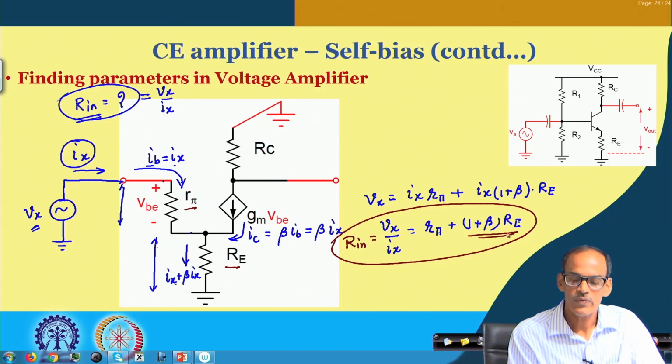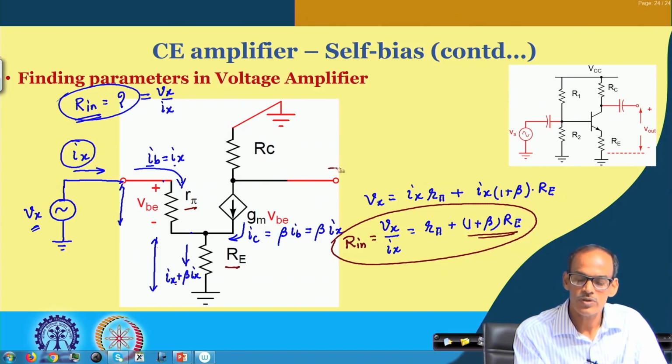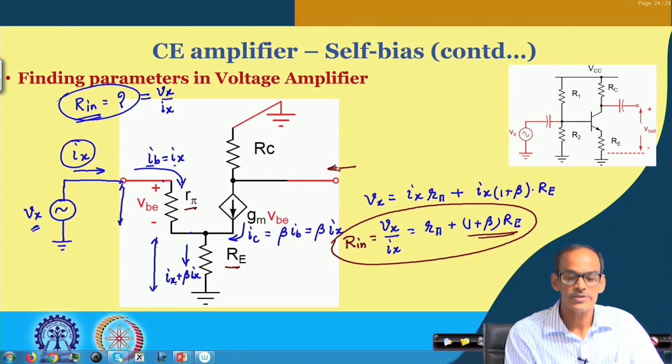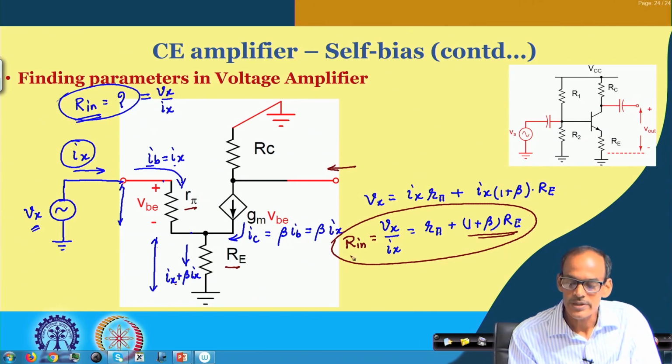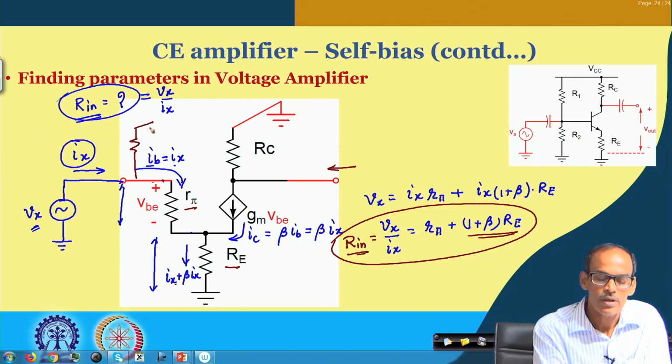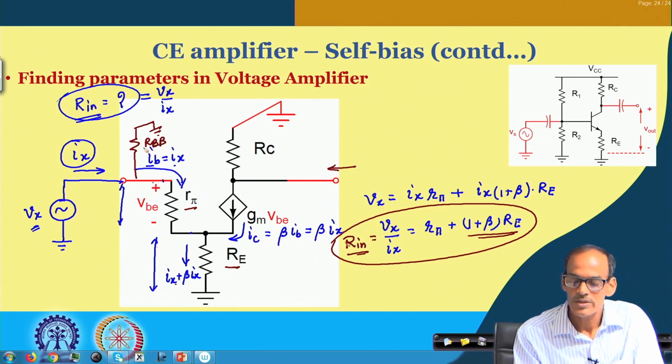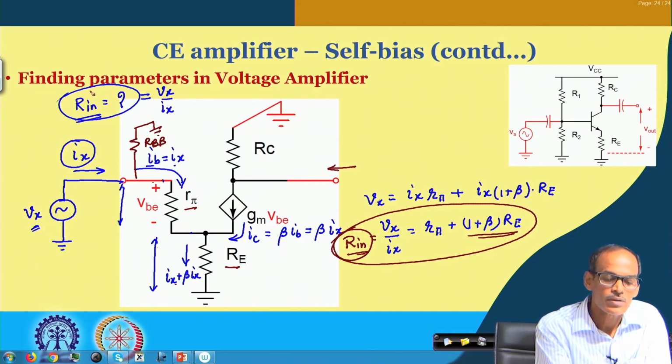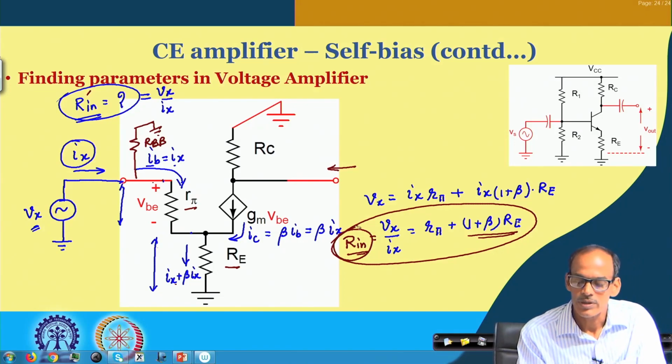Likewise, you can find the output impedance or output resistance of this circuit. Note that this input resistance we obtained is coming only from this part. In addition to that, we do have the R b b. So, I should say this is only one part of it. Let me call this R in dashed.